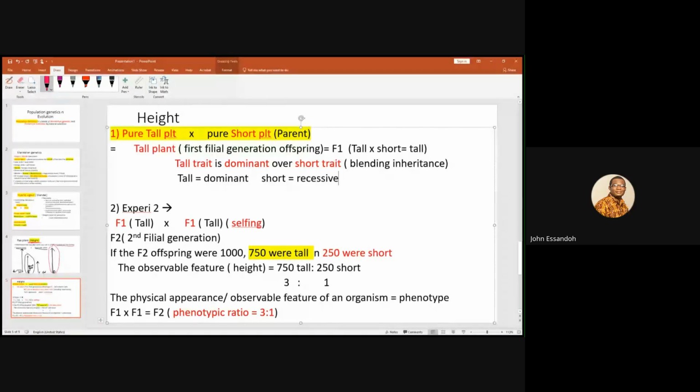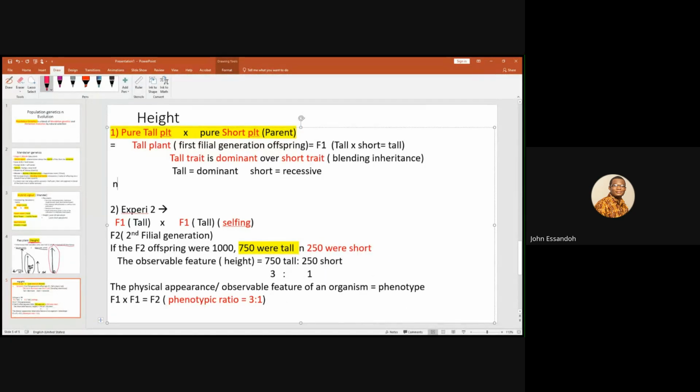So from Mendel's first experiment, Mendel actually gave birth to the principle of dominance and recessivity.